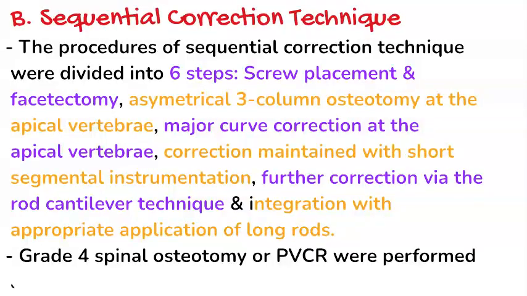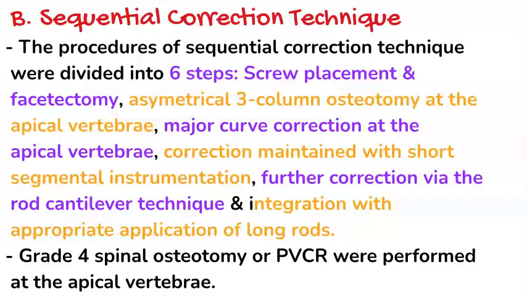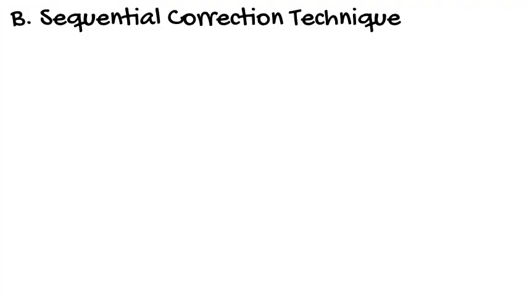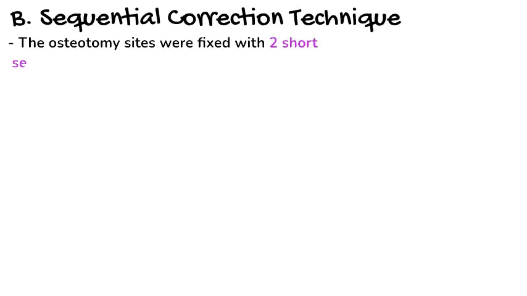Grade 4 spinal osteotomy or posterior vertebral resection was performed at the apical vertebra. The osteotomy sites were fixed with 2 short segmental rods to maintain the stability of the spine.